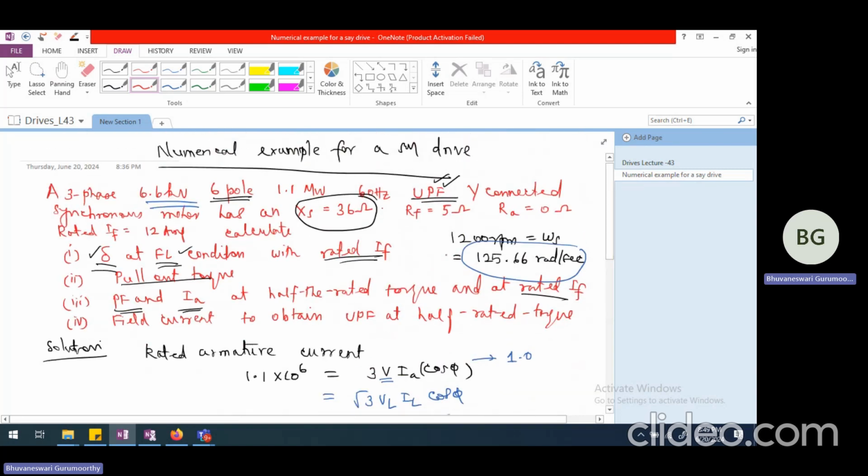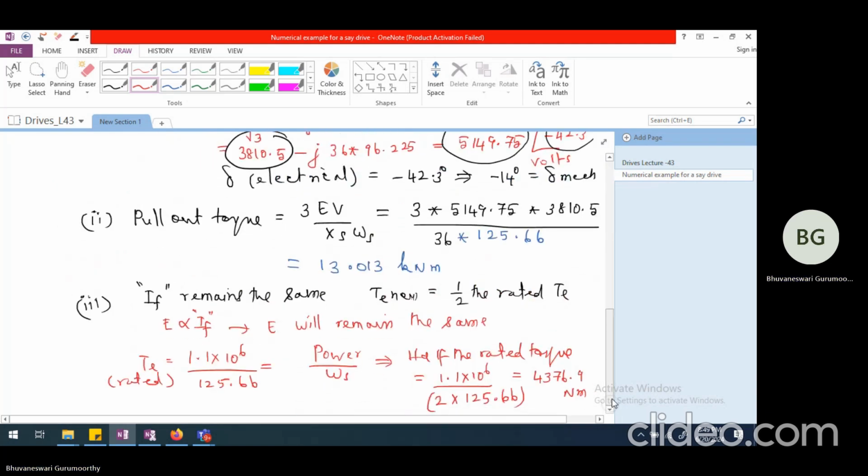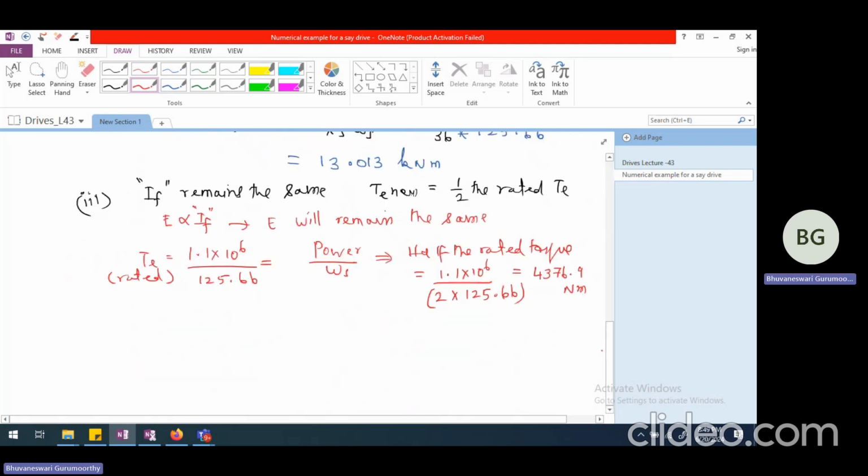Now, what is given is power factor and armature current has to be calculated at half the rated torque and rated IF. That is what is being written.